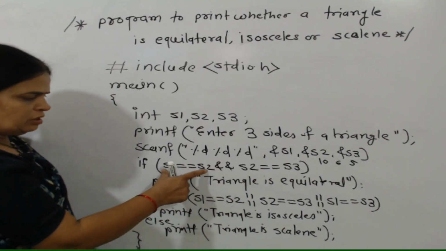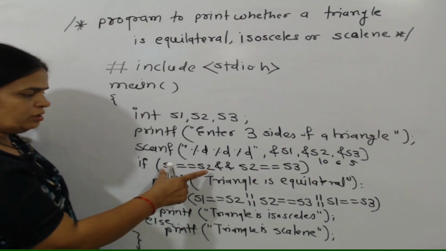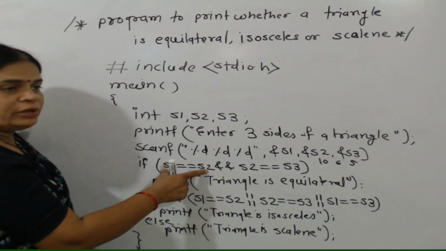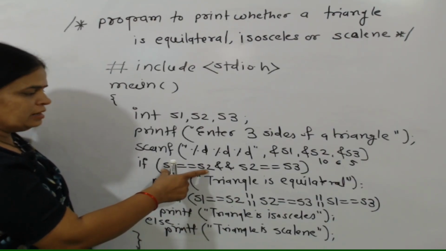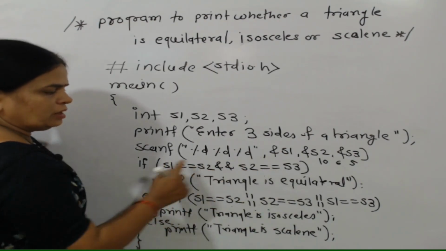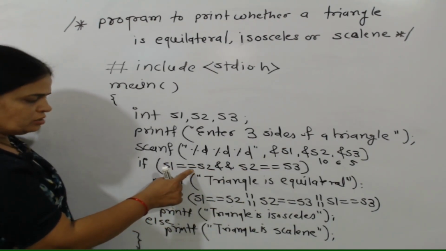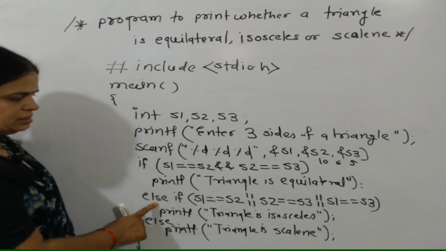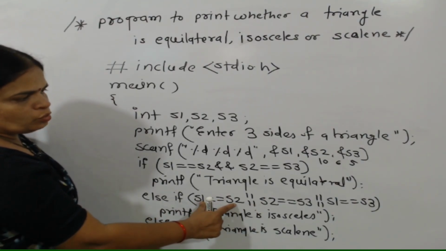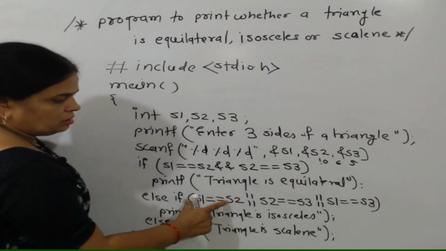If the first condition is false, then the second will not even be evaluated. So of course this complete condition will be false. The condition is false, so control will go to the else, and the next condition will be tested. Now S1 equals S2, that is, 10 equal to 6, no.